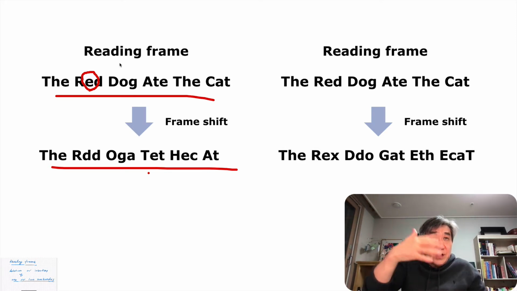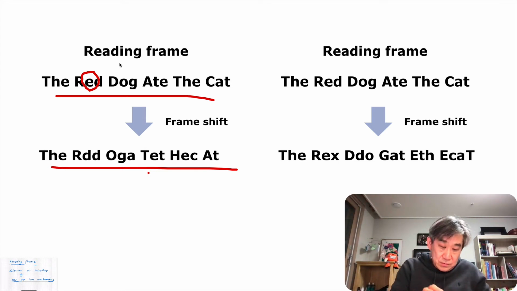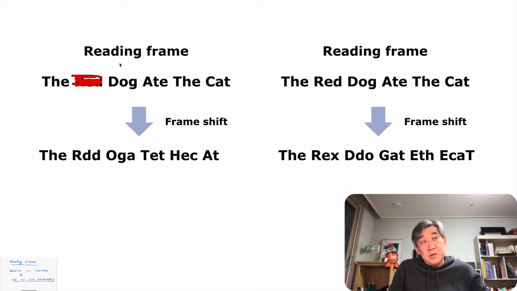And you can try to expand this. Why did he mention that deletion or insertion of 1 or 2 nucleotides will generate this reading frame shift? Why not 3? Try to delete, instead of 1 single letter, 3 letters all together. Now you try to read it: the dog ate the cat. Even though the new sentence says simply dog, not signifying the color of the dog, it still makes sense.